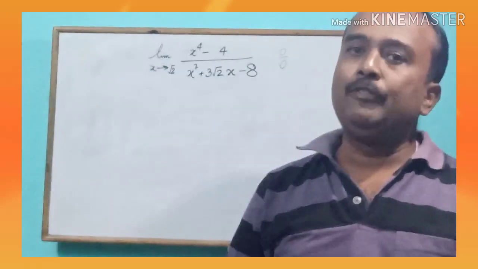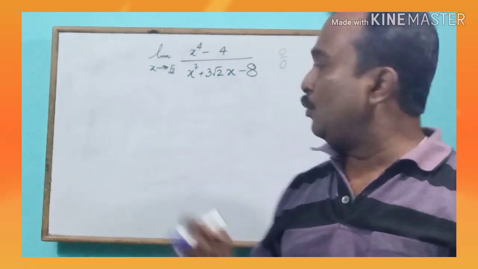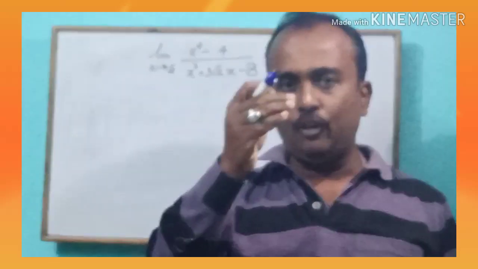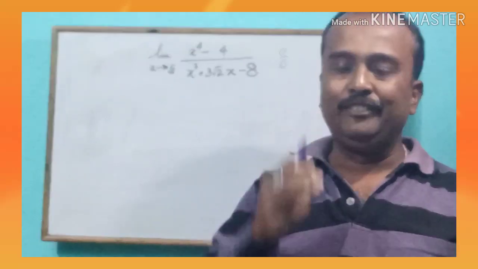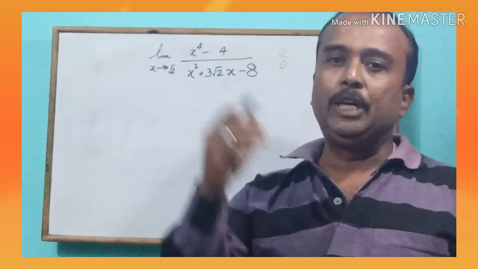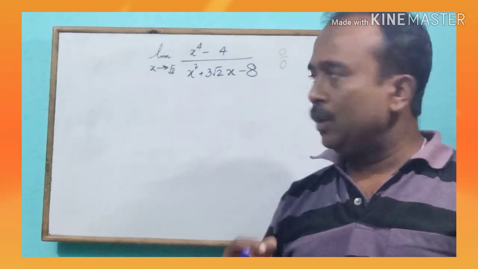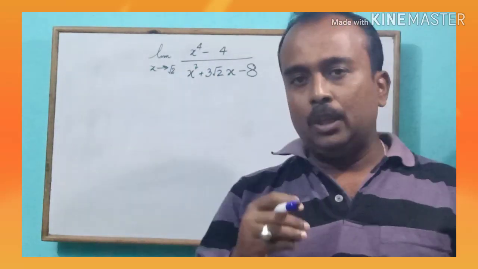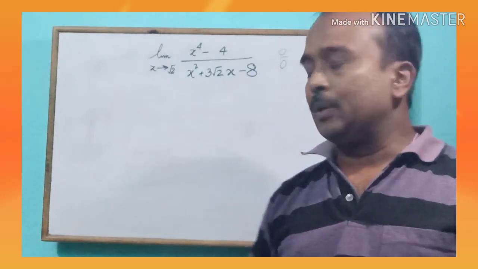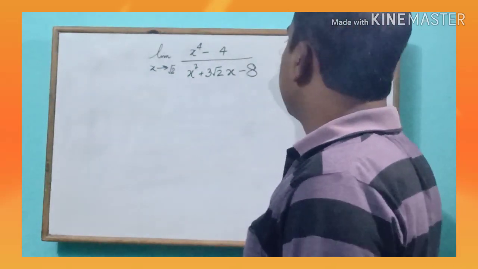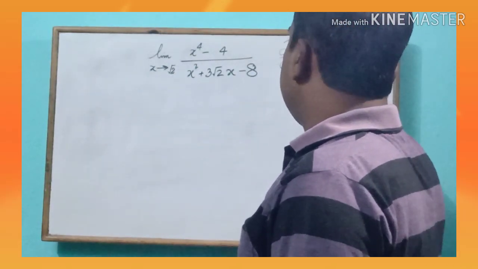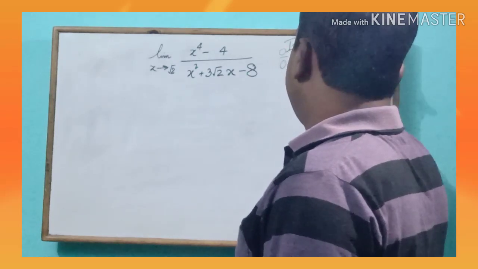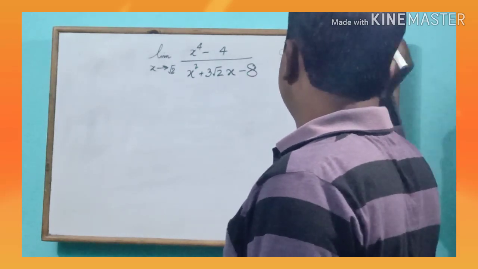Now let me tell you that after putting the value of x, whatever it tends to, if it is in the form of 0 by 0 or infinity by infinity, infinity to the power infinity, and all those types of things, then those are known as indeterminate forms.